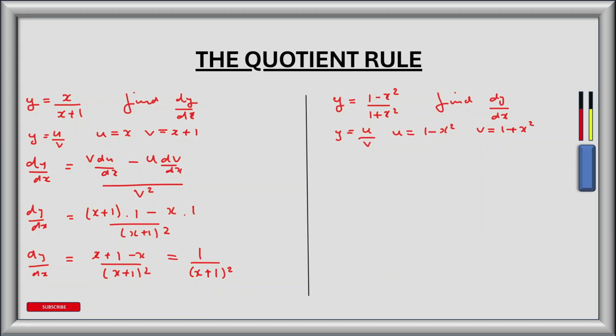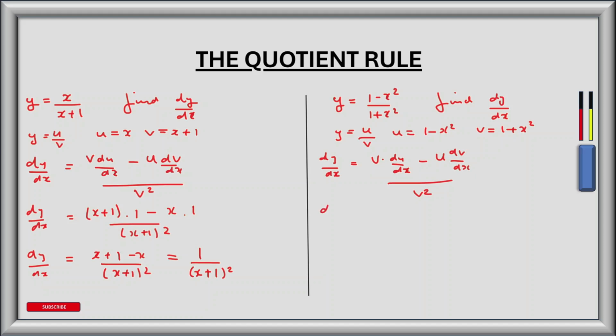So we can again apply the quotient rule, which is dy by dx equals v times du by dx minus u times dv by dx. And that's all divided by v squared.